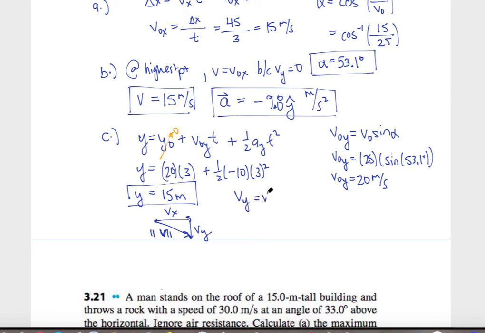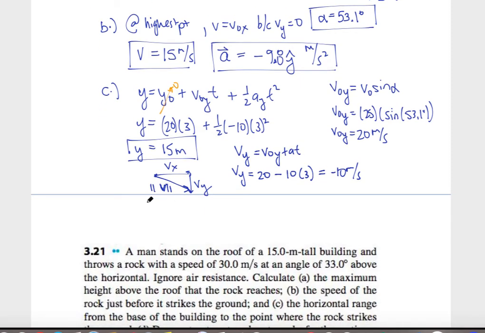Vy will come from V naught y plus at. So Vy will be our positive y velocity, which we just found to be 20 meters per second, minus 10 times the 3 seconds that we're in the air. So my final y velocity is going to be negative 10 meters per second.